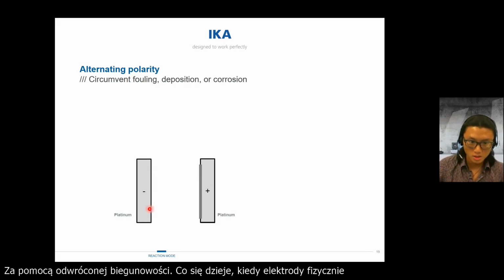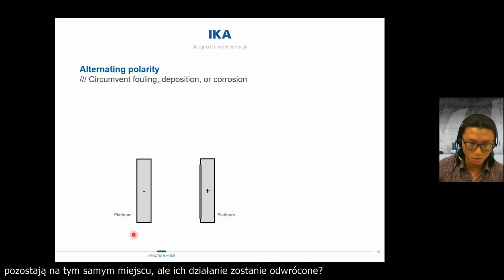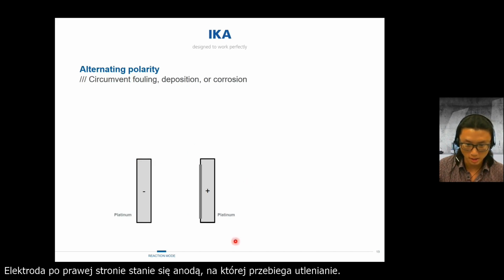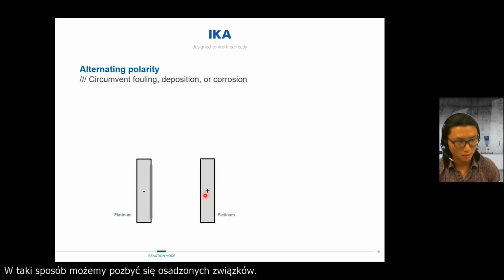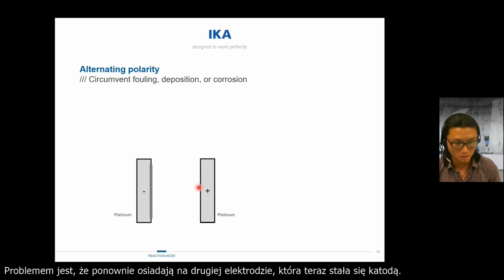Alternating polarity. So what if the electrodes physically remain the same, but function-wise, they are flipped? The electrode on the right-hand side will be anode, and it will run oxidation reaction. So let's continue playing. Now we are able to get rid of the deposit. Problem is, we form the deposit again on the newly become cathode.